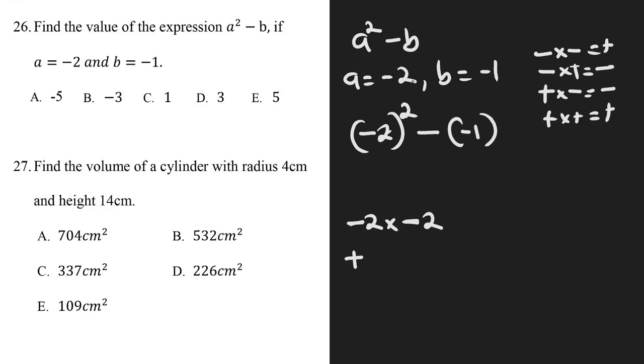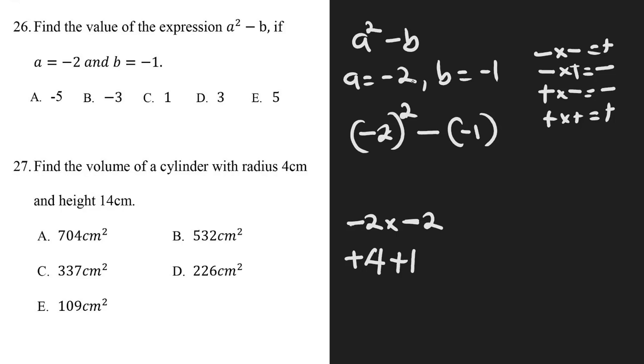So whenever you have two different signs, multiplying is going to give you a minus sign, and whenever you have two same signs, it will always give you plus. So minus times minus is plus. 2 times 2 is 4. Then you have this minus times minus 1, right? It's going to give you plus as well. So we have plus 1.